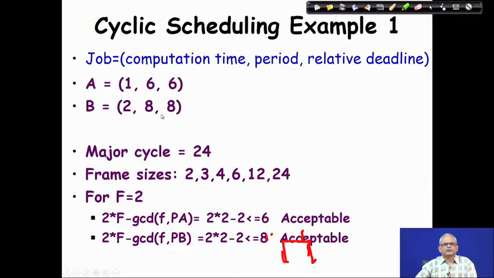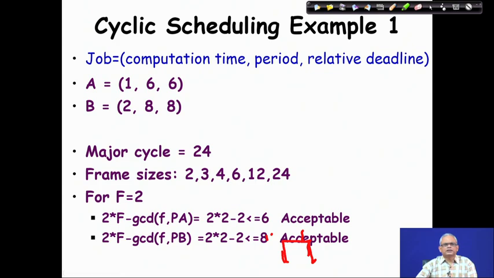Now, our task is to choose the major cycle and the minor cycle. Choosing the major cycle is rather straightforward. We just take LCM of 6 and 8, and we find that the least common multiple of 6 and 8 is 24. 24 holds an integral number of task A and task B. So, we can see that there are 4 instances of task A, 3 instances of task B within one major cycle.